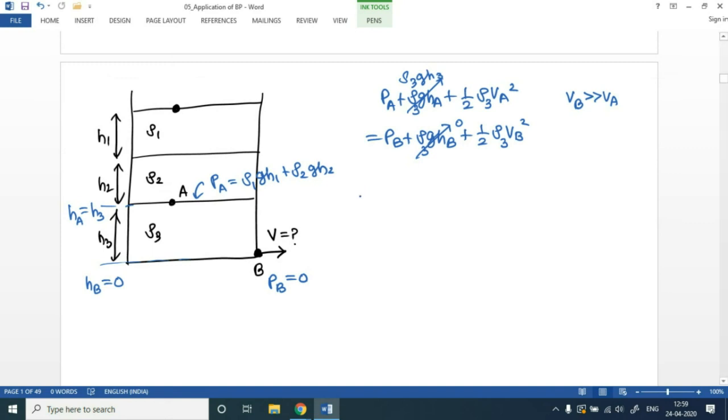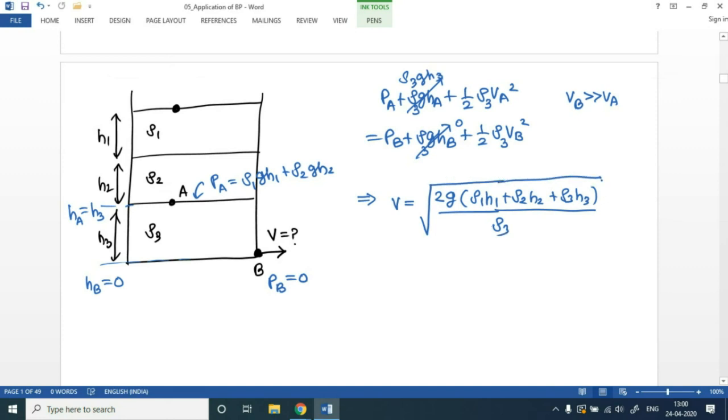So just by rearranging this, you get the velocity at point B, or simply v, equal to the square root of 2 times g multiplied by rho 1 h1 plus rho 2 h2 plus rho 3 h3, divided by rho 3. So this would be the velocity of efflux in this case.